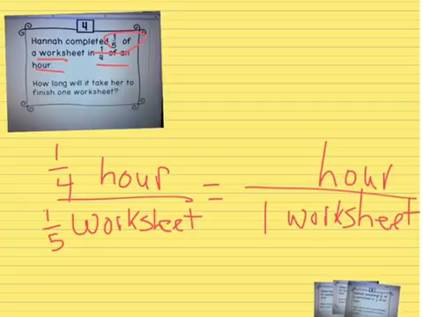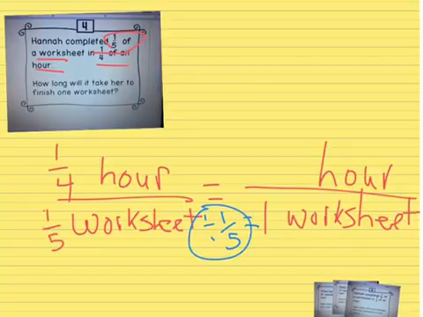So to get from 1/5 to 1, I would have to divide by 1/5, because 1/5 divided by 1/5 would equal 1. So I'm going to divide by 1/5 in order to get 1. So whatever I do to the bottom, I have to do to the top.